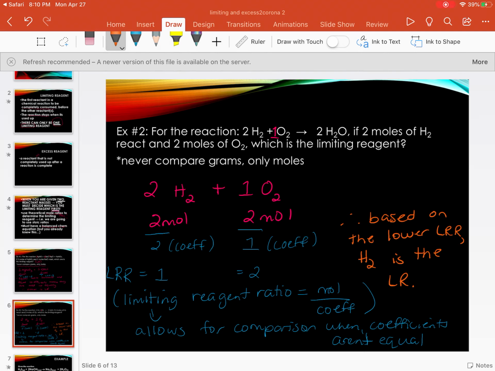But the important part is when you have a lower limiting reagent ratio, that is going to be the substance that is the limiting reagent. When you have a lower amount, if you don't have as much, then it's going to be used up first.